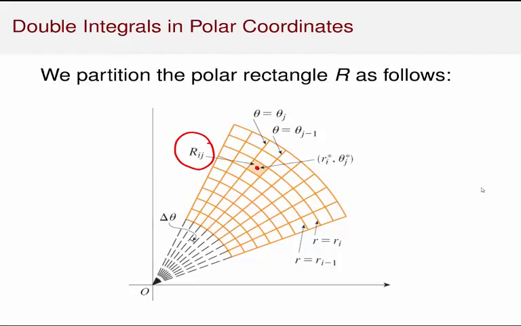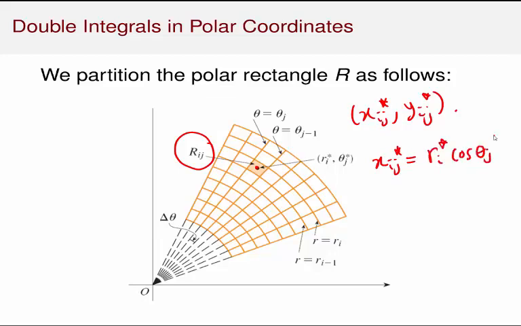Suppose the xy coordinate of the sample point is given by xij star and yij star. Then clearly xij star is equal to ri star times cosine theta j star, whereas yij star is equal to ri star times sine theta j star.